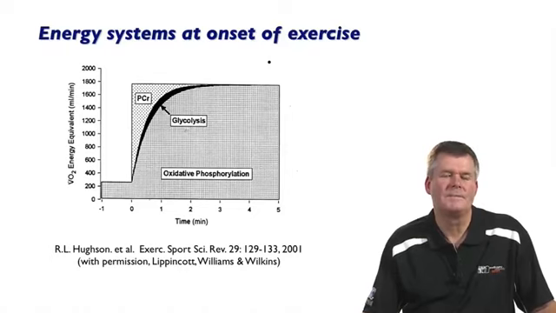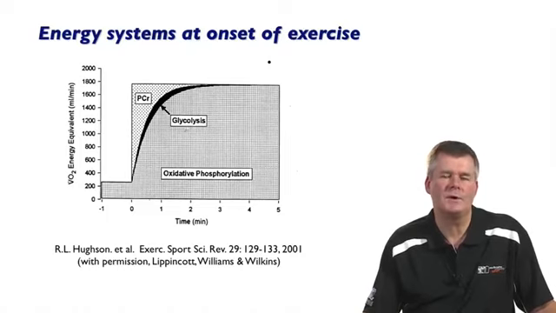There's a lag. And during that period where there's a difference between the amount of energy coming from the aerobic energy system and the energy requirement of the exercise, you can see that substrate level phosphorylation, primarily the breakdown of phosphocreatine, but also a contribution from glycolysis, makes up that energy shortfall.